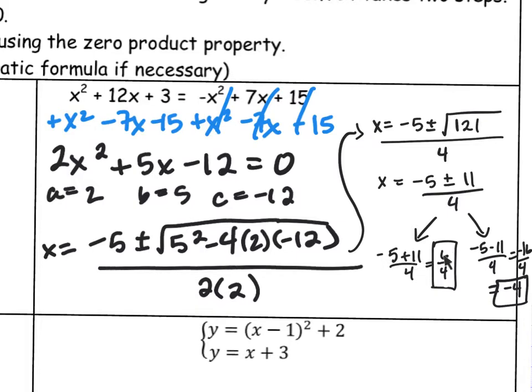Negative 5 plus 11 gave me 6, divided by 4. So 6 over 4, that also reduces, by the way, to 3 over 2. And then over here, negative 5 minus 11 gave me negative 16 over 4, which is negative 16 divided by 4, which is negative 4. So that gives me my two answers that way.